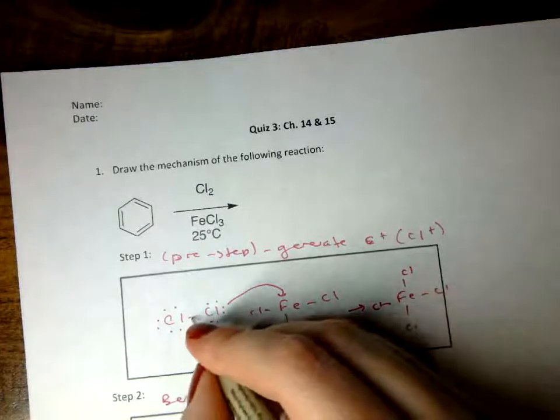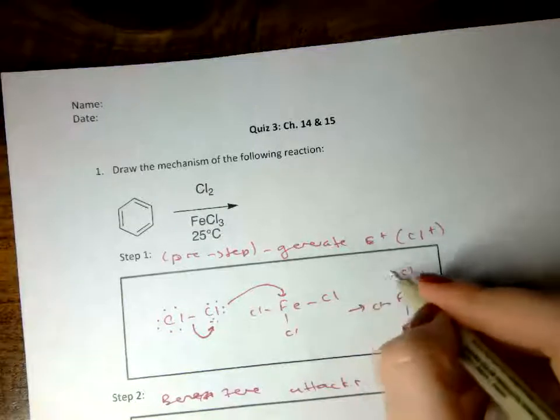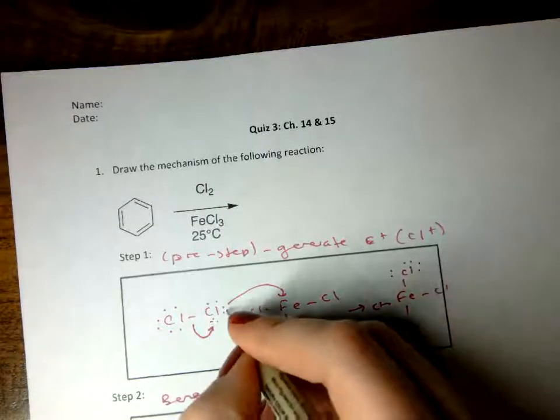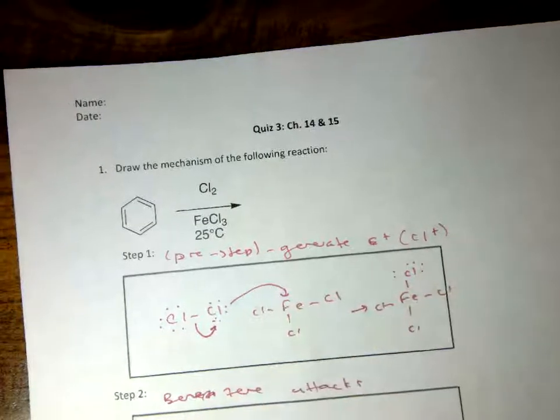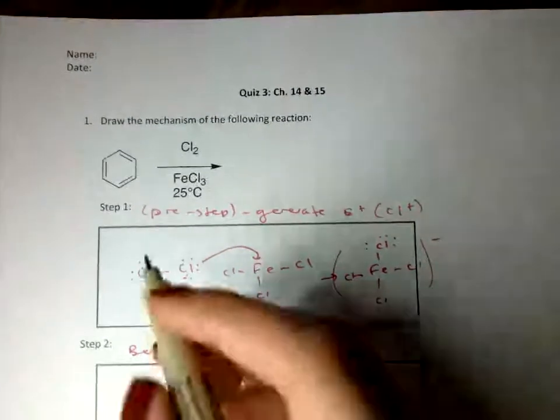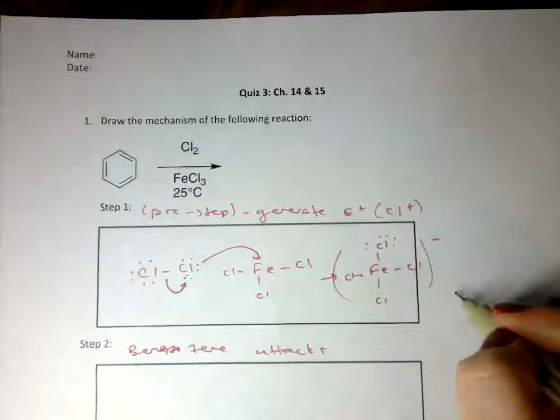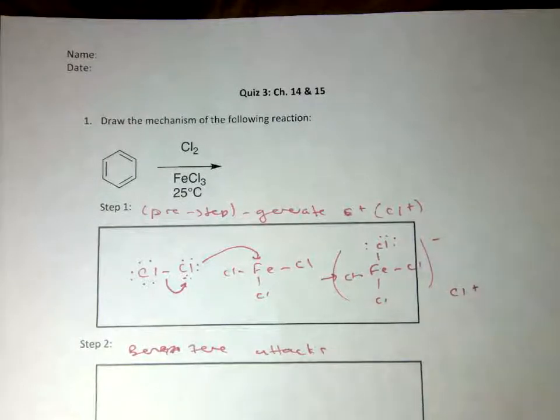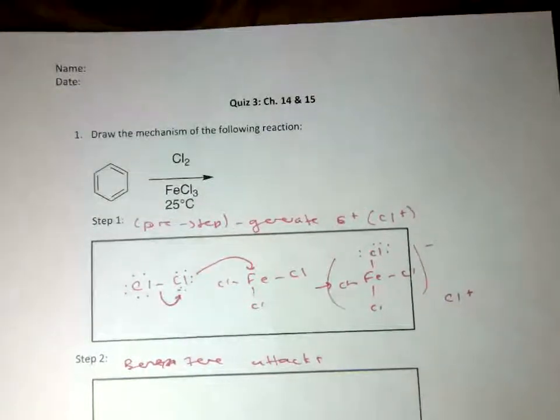So these two electrons join the chlorine to make 2, 4, 6, and then these two electrons created a bond to the iron. And this species is actually negative. And then this chlorine lost its electron, so that's Cl+. So that's how we get our initial first step.